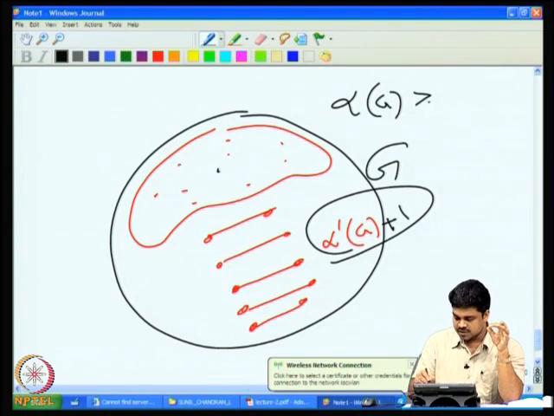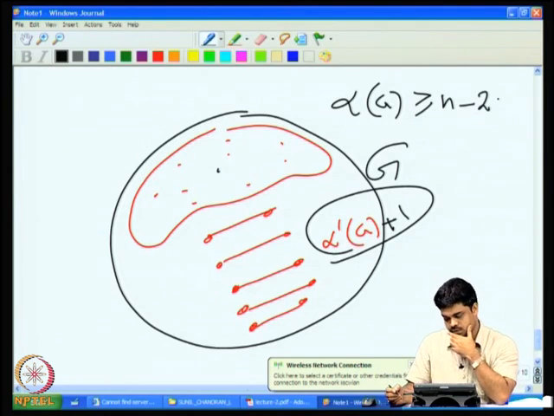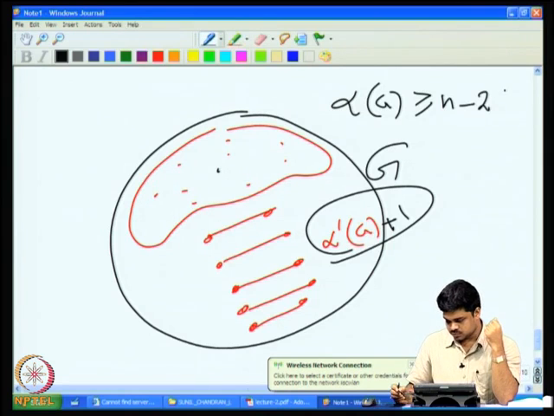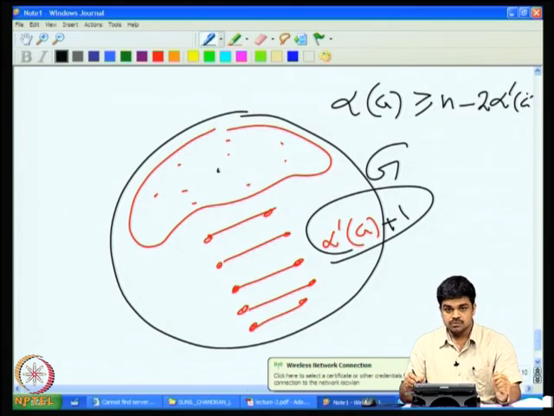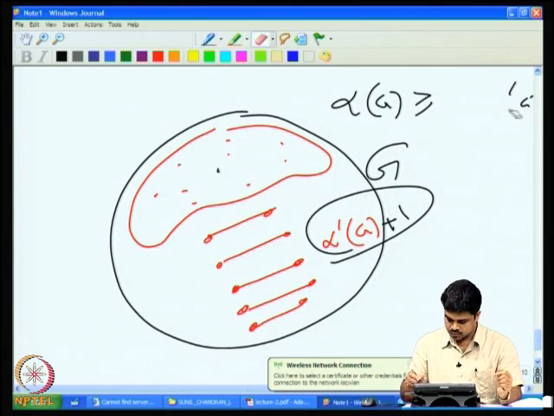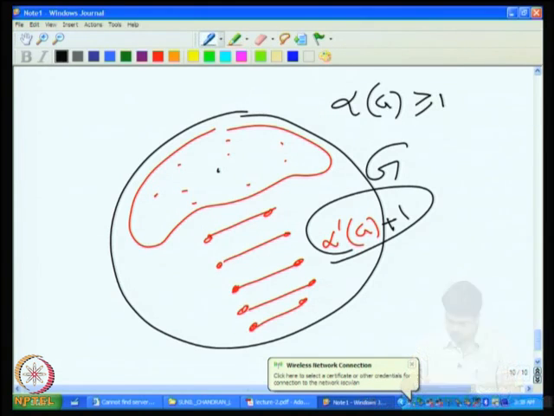That means alpha of G is going to be greater than or equal to n minus 2 alpha dash of G.